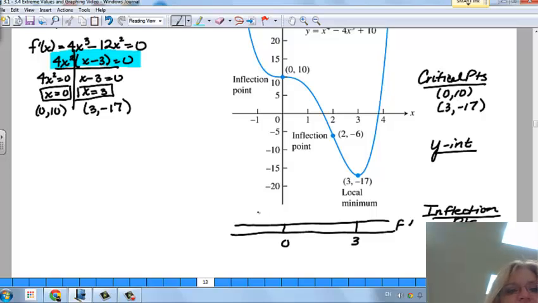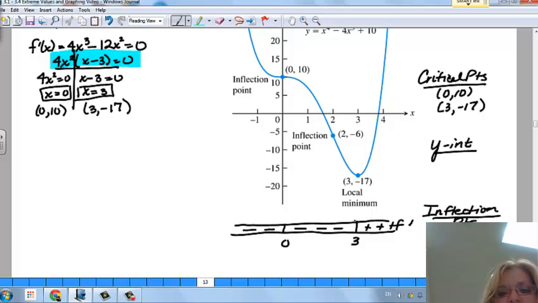To the left of 0, I'll use a negative number, so this will turn positive, that will be negative, so this is negative. If I use between 0 and 3, I'll pick a 1. This would be negative, this was positive, so this is still negative. And then if it's greater than 3, if I put a 4 in there, it's going to turn positive.